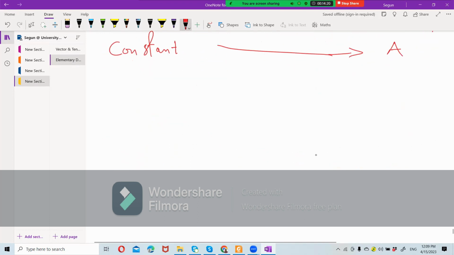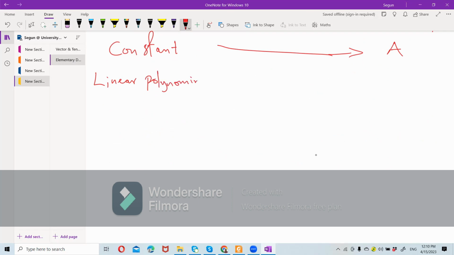But when my g of x is a linear polynomial, my yp will be ax plus b.